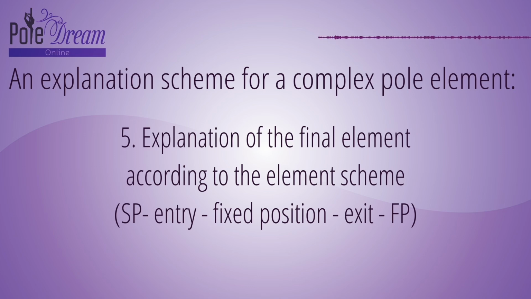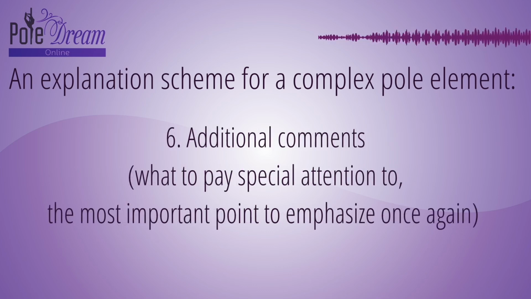So: starting position, entry, fixed position, exit, final position. So only now you explain the final element, in point number 5. Number 6 is additional comments, what to pay special attention to, the most important point to emphasize once again.